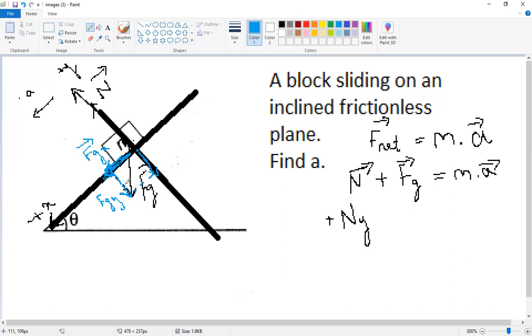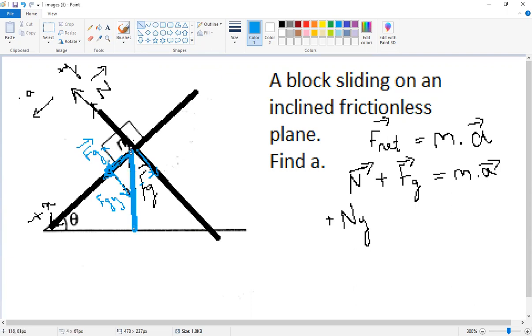Okay, now we want to find the angle inside this triangle. Did you see this small triangle? We need to find the angle theta. What should we do? To find it, we need to compare this small triangle with the big one, which is, if we extend the Fg, the weight force. Let me extend it and show you.